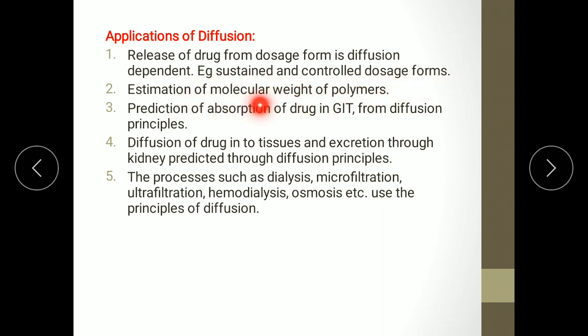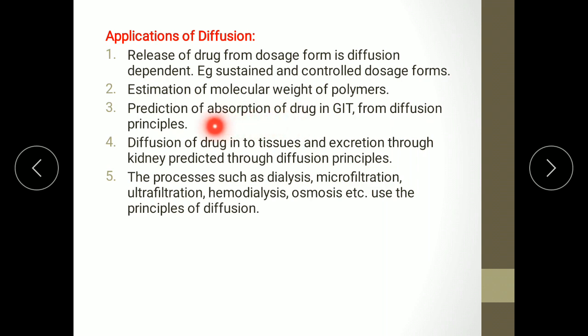Second one is estimation of molecular weight of polymer. Now some formulas are there, like Higuchi square root equations, which use diffusion of the molecule to calculate the estimation of molecular weight of polymers. Next, prediction of absorption of drug in GIT from the diffusion principle.